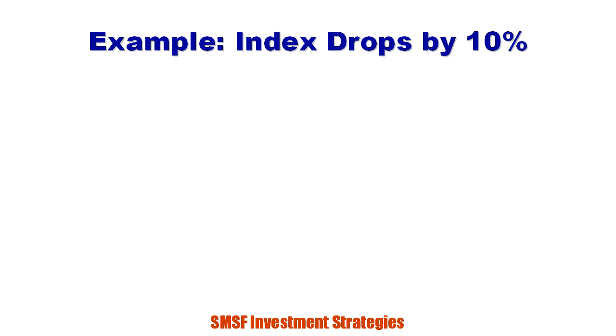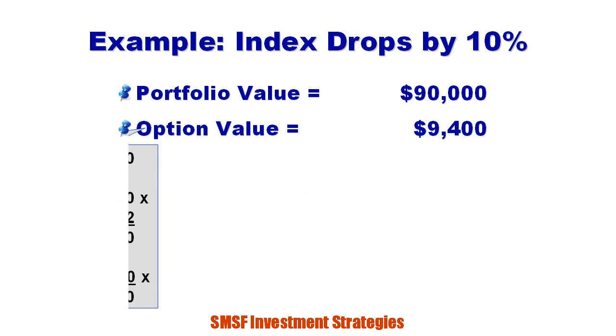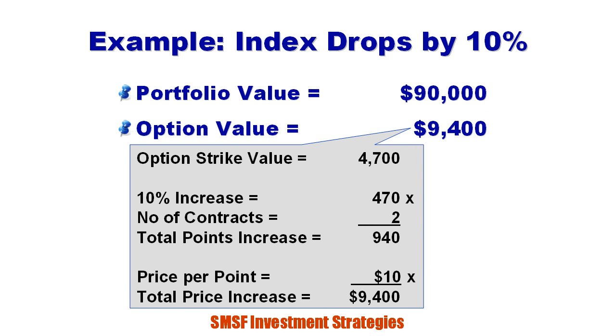Let's take this further by looking at an example where the index drops by 10%. Let's assume a similar 10% decrease in your $100,000 portfolio, which would leave us with $90,000. Our put options would have increased in value.